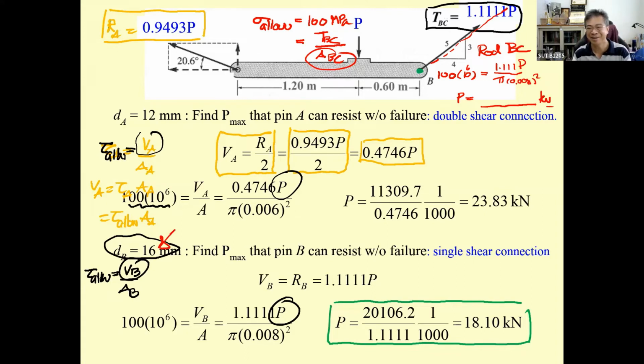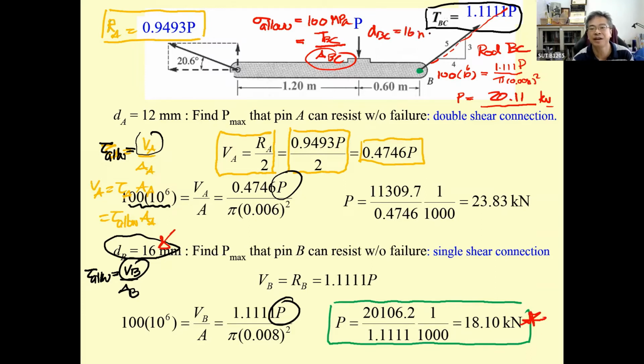Let me put it into my calculator. That is going to be 110.6, pi, so that is going to be 20.11 kilonewton.